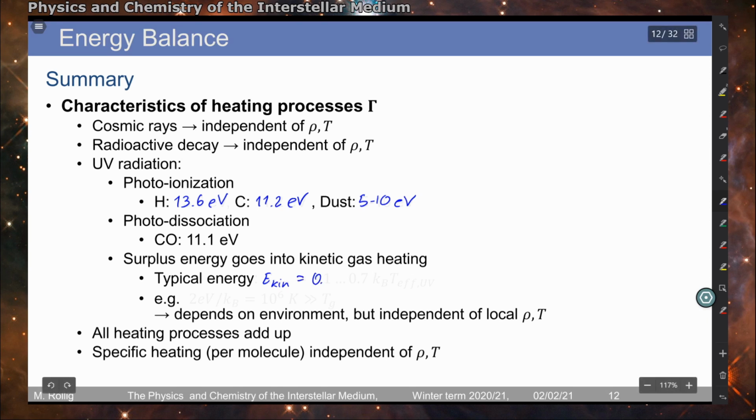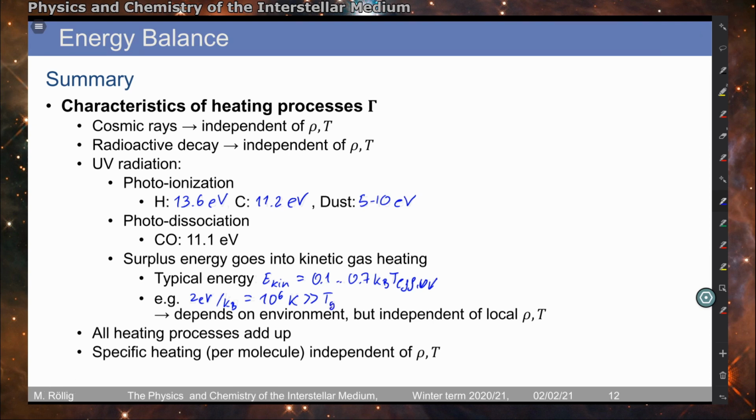So the kinetic energy, typical energies are 0.1 to 0.7 kB times the effective UV temperature, so that typical energies that are then available to heat the gas by these different processes, converting them to Kelvin, are in the regimes of millions of Kelvin compared to temperatures of tens or hundreds of Kelvin.